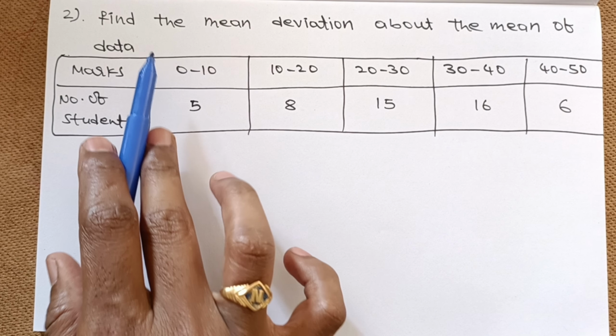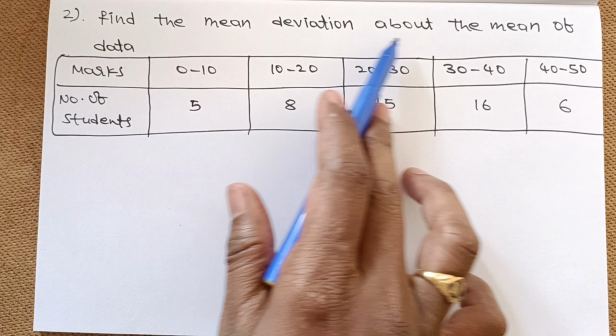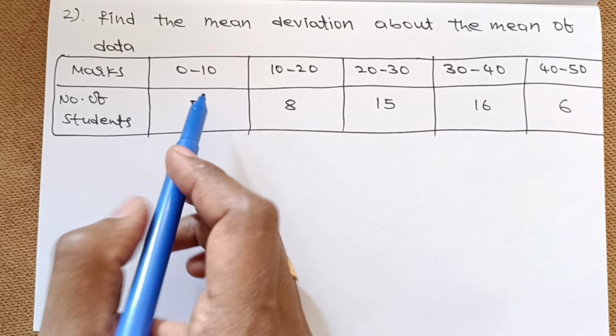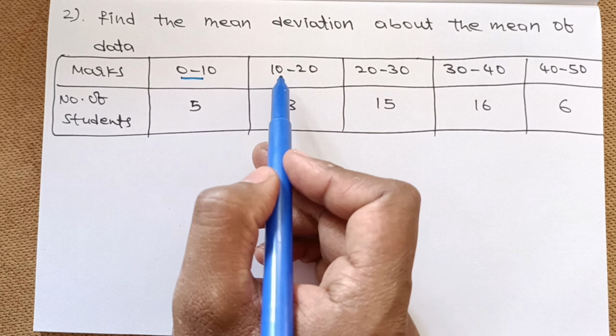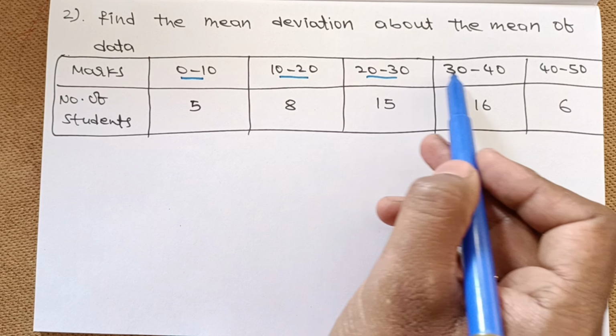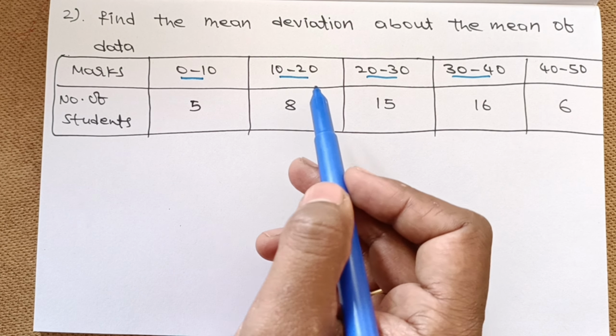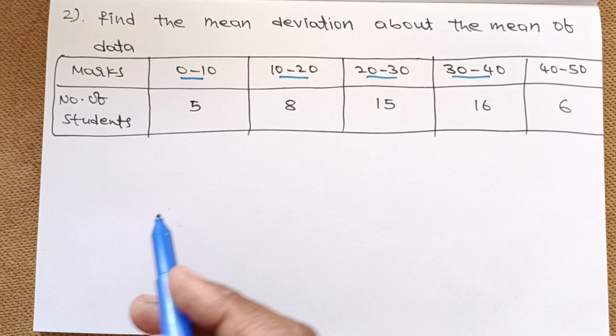So next, see the second question. Find the mean deviation about the mean of the following data. See here clearly, the given problem contains class intervals. So it is called a continuous frequency distribution or step deviation method.